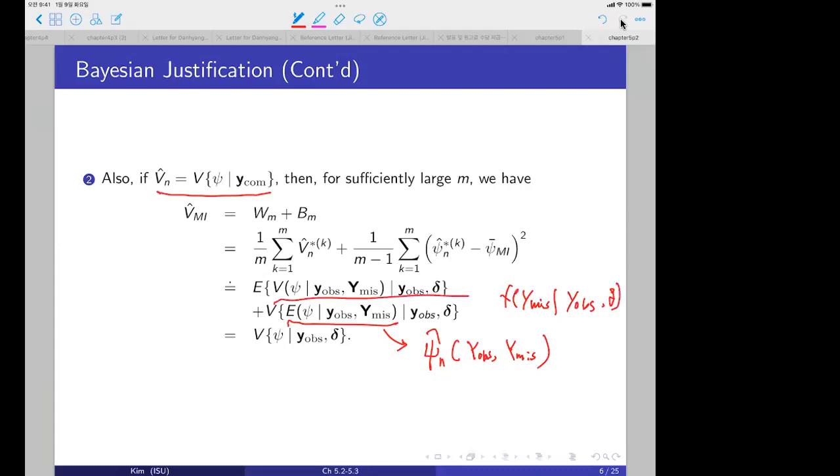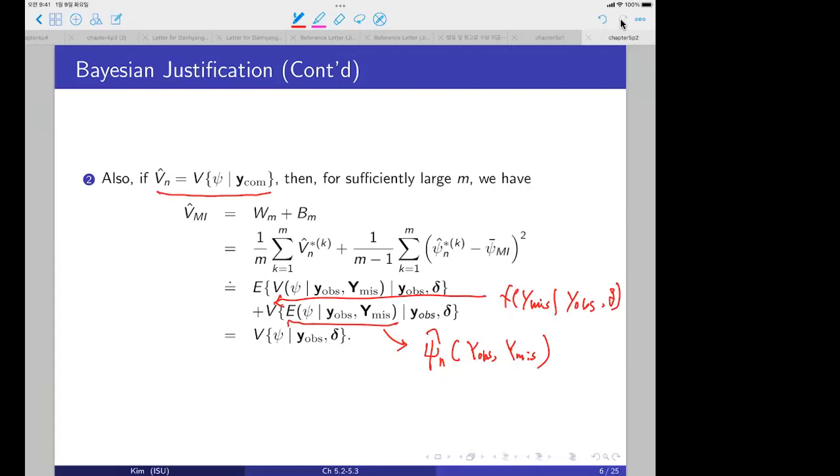So this variance is with respect to... So I think we don't really need Bayesian if we can specify the conditional distribution given y observed and delta.